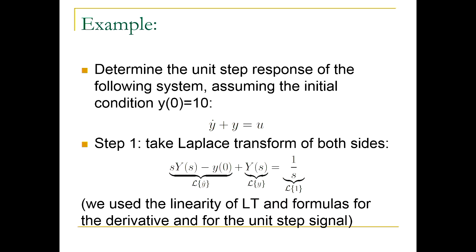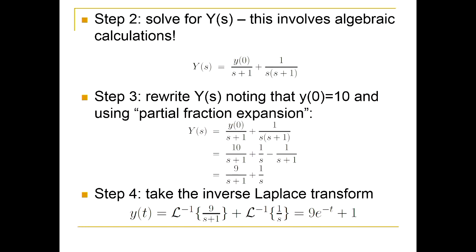I take y of 0 to the other side. I have s plus 1 multiplying y of s. I divide everything by s plus 1, and that's what you get over there. The first term is due to the initial condition, and the second term is due to the input. Now we need to apply the inverse Laplace transform to find y of t.